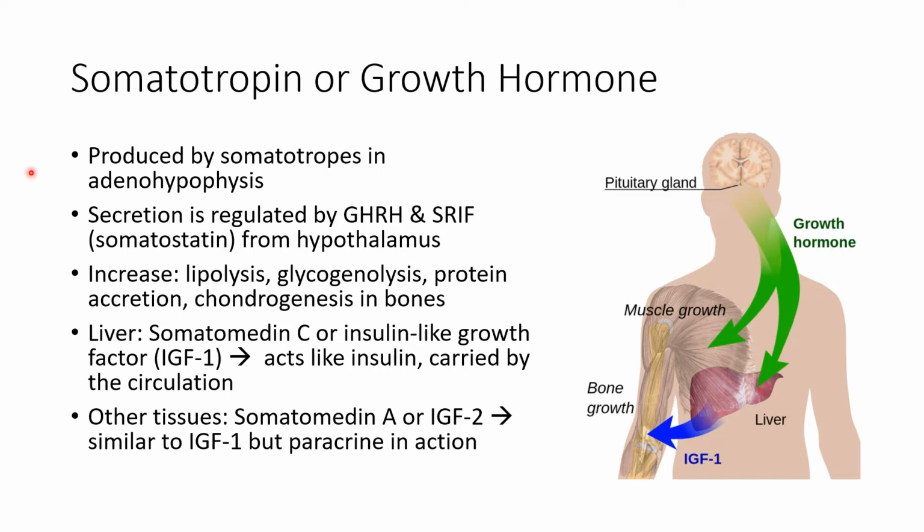As previously mentioned, it's produced by somatotropes in your adenohypophysis, and its release is promoted by the growth hormone releasing hormone, and its inhibition is stimulated by the somatotropin release inhibiting factor, or GHIH, your growth hormone inhibiting hormone. Generally, the inhibiting factor could be aptly named somatostatin.